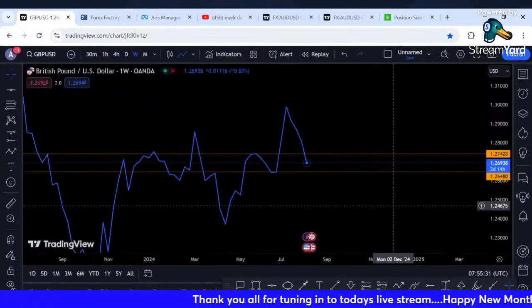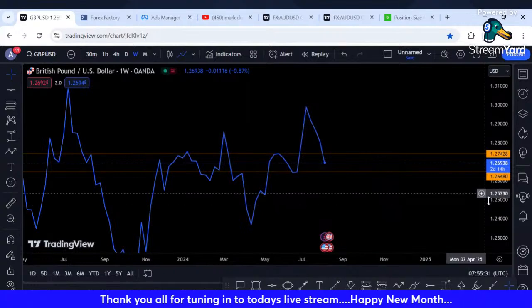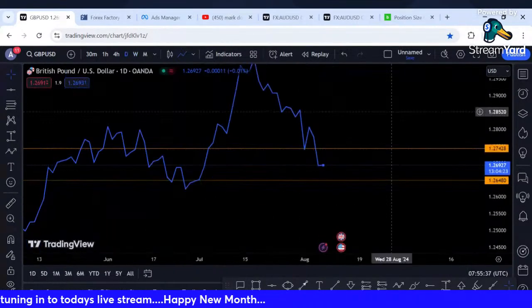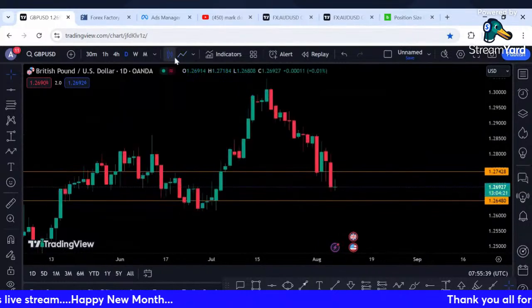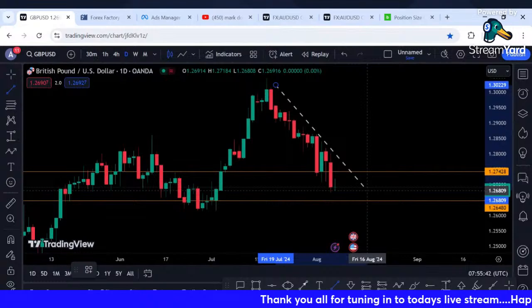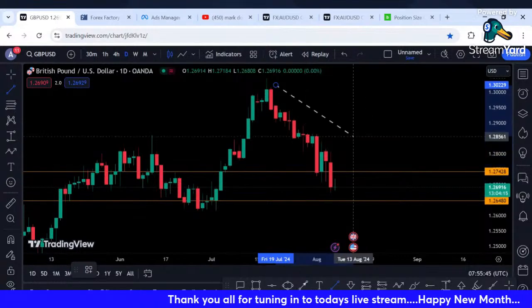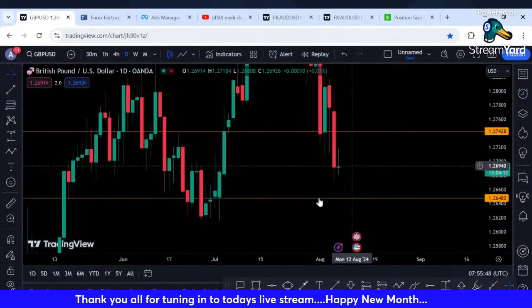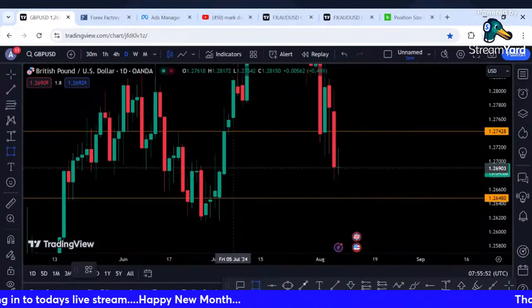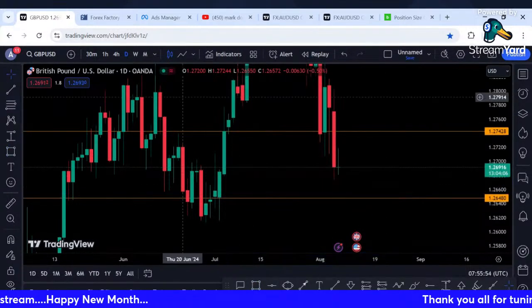On the weekly time frame, there are no zones that you identify. On the daily time frame, it is a downtrend. You get it? The daily time frame is a downtrend. So this is the zone, this is the next reactionary area.